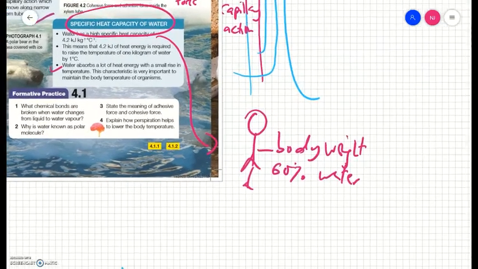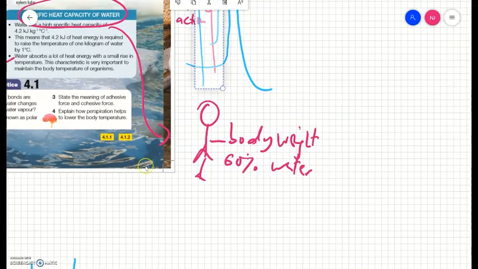Contohlah, 60% of our body weight is made up of water. Let's say there is a situation where we have a hot surrounding, persekitaran yang panas. Walaupun surrounding panas, body temperature kita tidaklah naik mendadak. The temperature of the body is not rising abruptly.